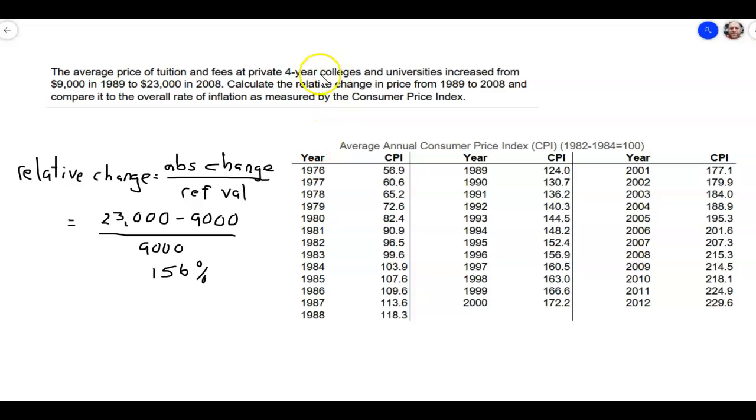So now let's take a look at how much inflation has gone up in the same time period. We're going to do the same kind of formula here.